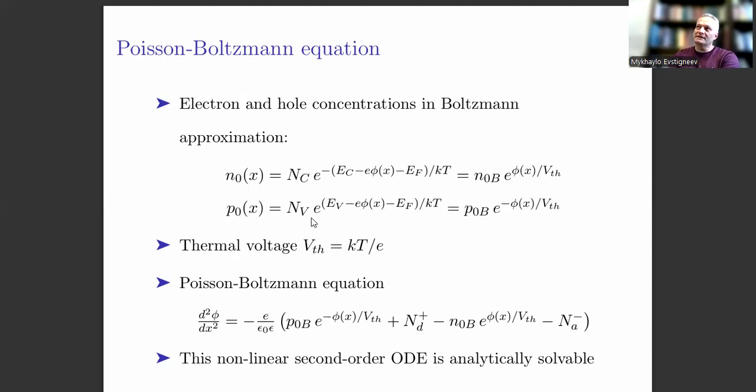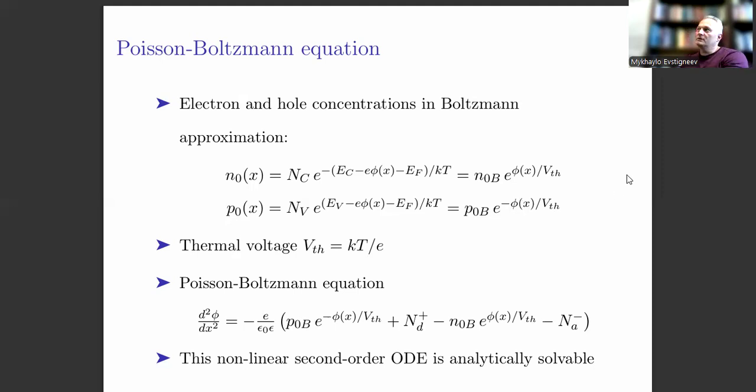This needs to be offset by the energy of an electron in the presence of an electric potential phi of x. So we need to subtract E phi of x, and we recognize that NV times exponential EV minus E Fermi over KT is the bulk value of the hole concentration P naught B, and it gets multiplied by exponential to the power negative phi of x divided by V thermal.